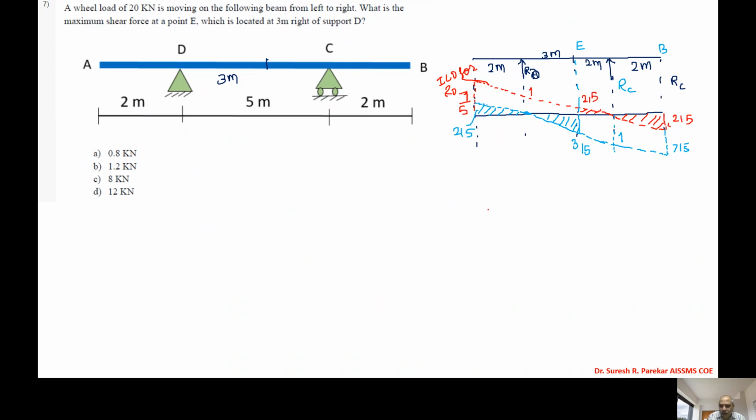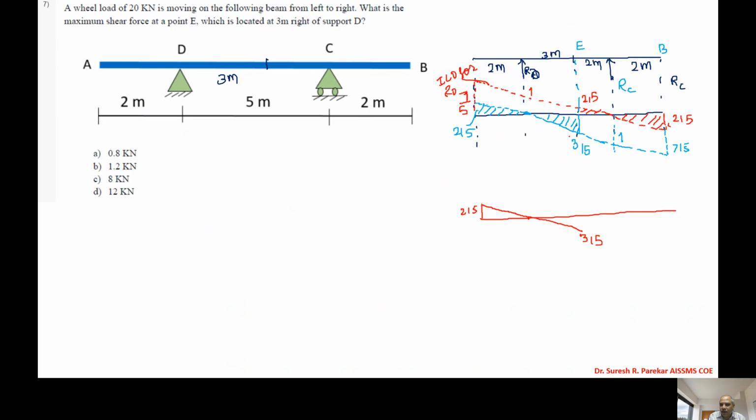If we plot this diagram, then we will get 2 by 5, then at D it is 0, then at E we have 3 by 5. If we plot it, we get it in this fashion. So this is 3 by 5.